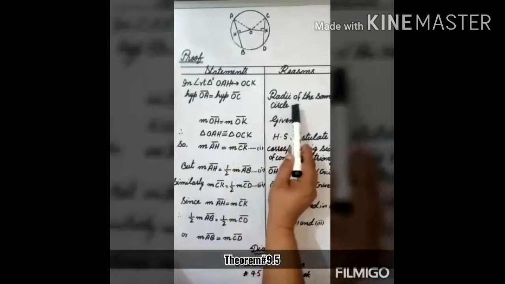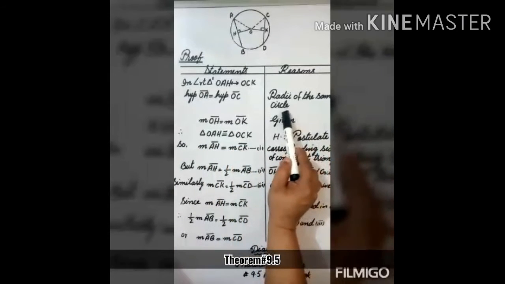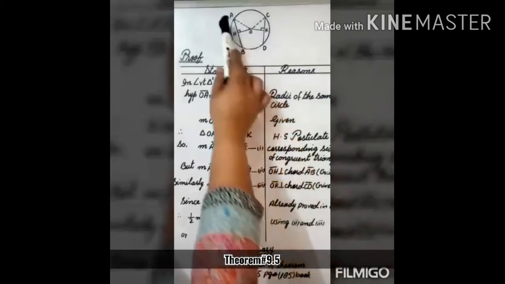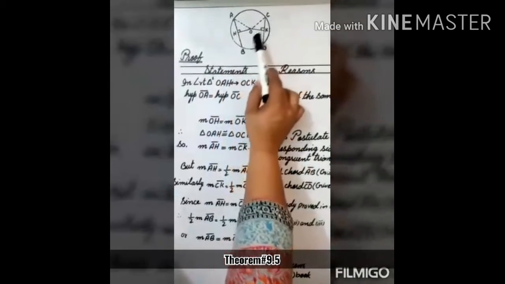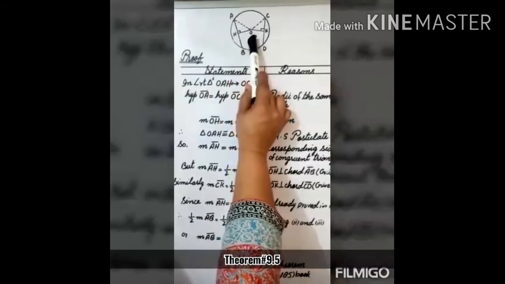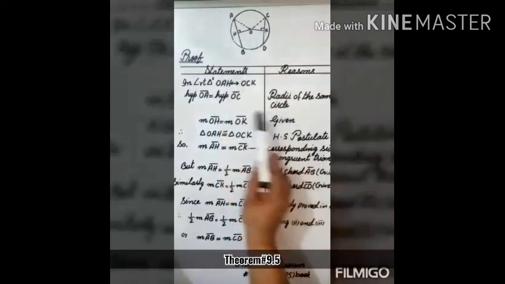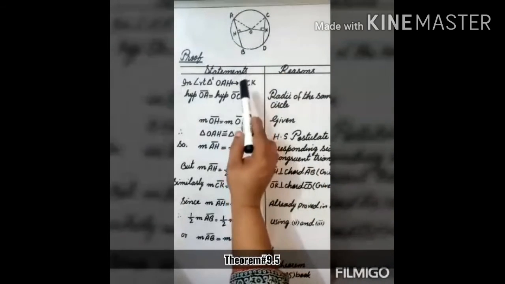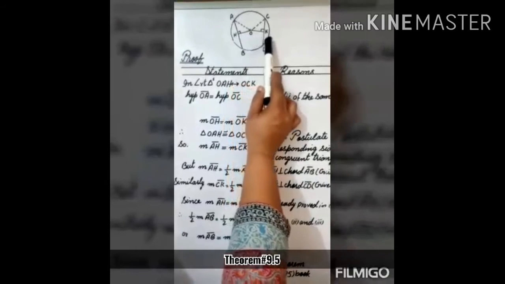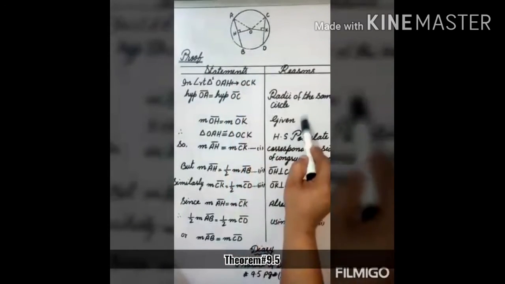In reason they are saying radii of the same circle. Radii is the plural form of radius. Now OA and OC are both radii of the circle. So then the next statement is measurement OH is equal to measurement OK, and this is in the given.